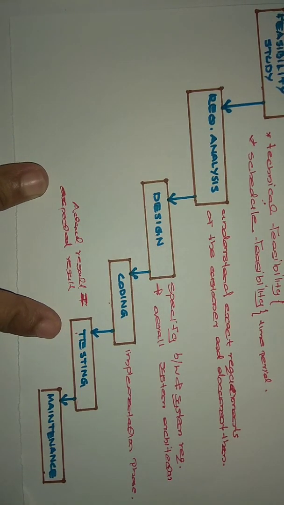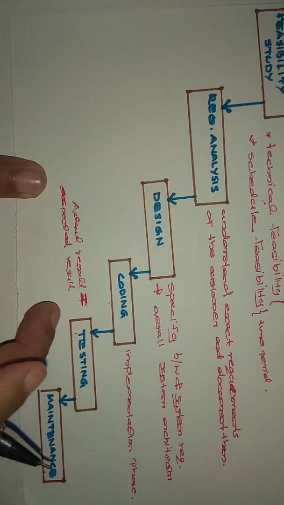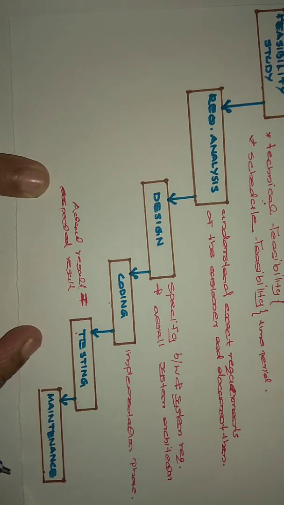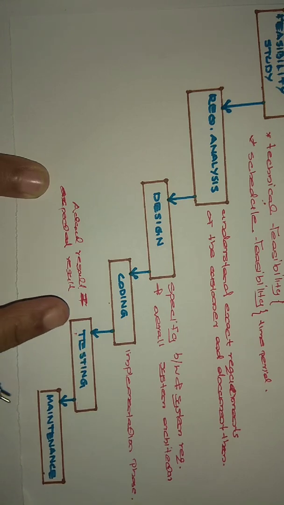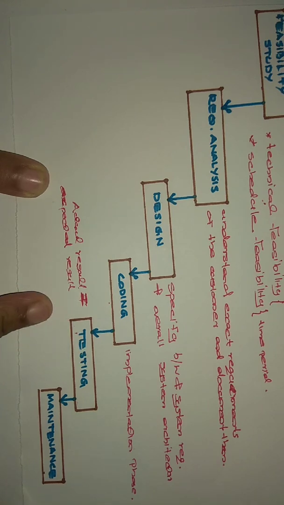Then comes the maintenance phase. In the maintenance phase we are checking three things. First, make sure that the application is up and running in the respective environment. Next, in case a user encountered a defect, make sure to note and fix that issue.